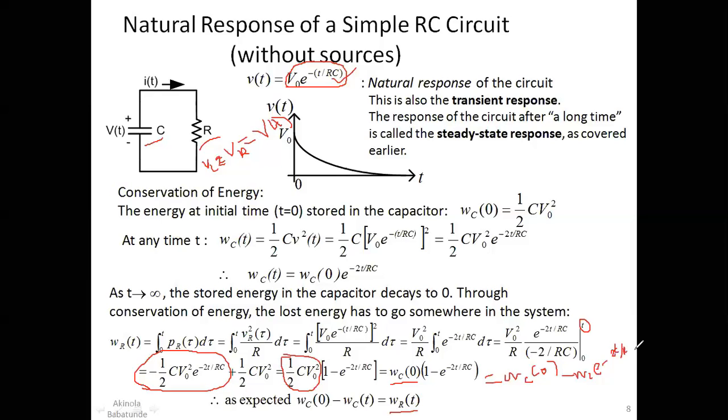So this WC multiplied by exponential minus 2t over RC represents something we already found out, which is what we do have here. This is WC of 0, by the way, don't forget. So this would eventually represent what we have here. Instead of writing this, you can just replace it with WC of t. So that is why you have WR of t equal to WC of 0 minus WC of t.